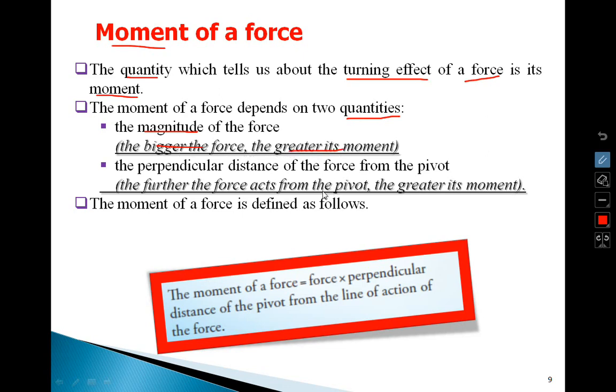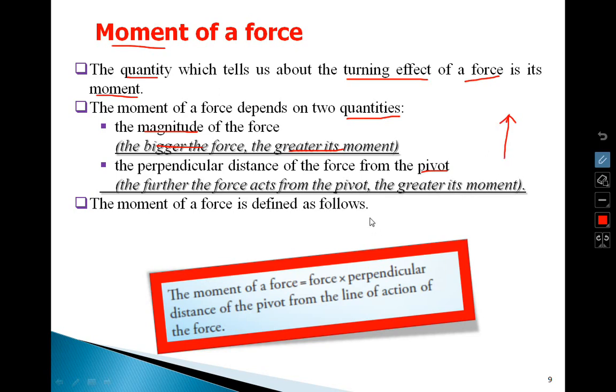Then the perpendicular distance of the force from the pivot. The further the force acts from the pivot, the greater its moment. So as the distance is higher, the moment is higher.